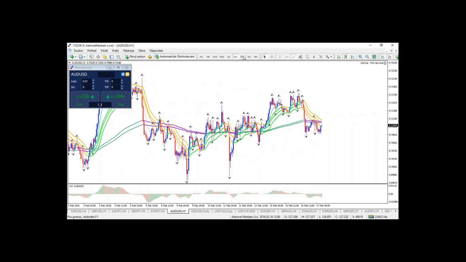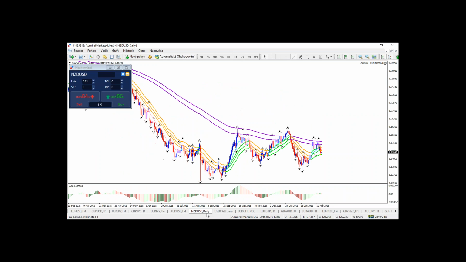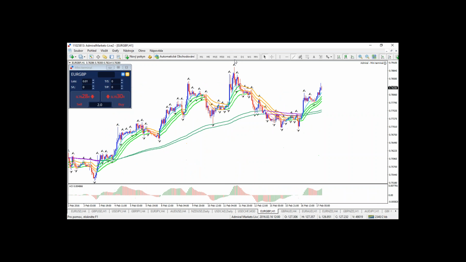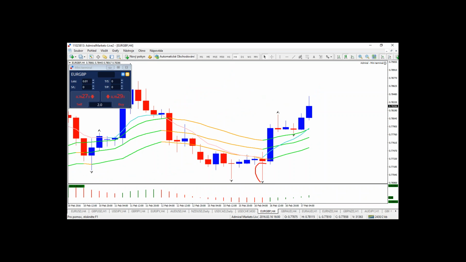Yesterday I didn't like the AUD USD too much, so we didn't really talk about anything. All right, the euro pound didn't go anywhere, and actually big wick here started to reverse to the upside.